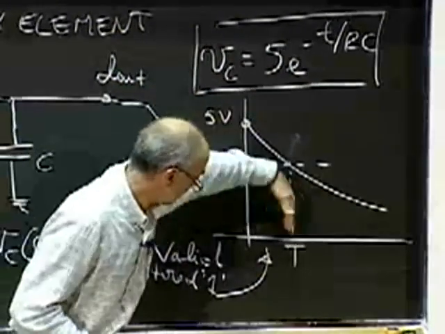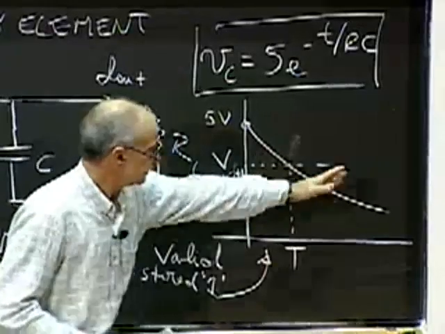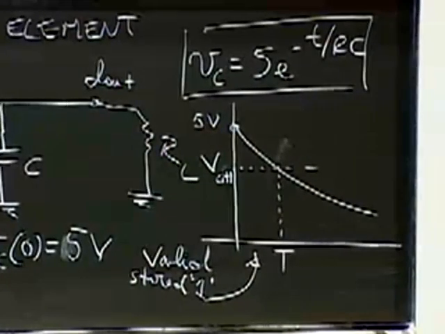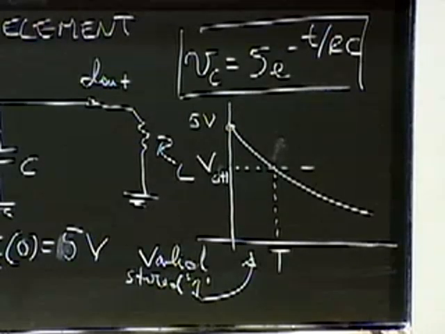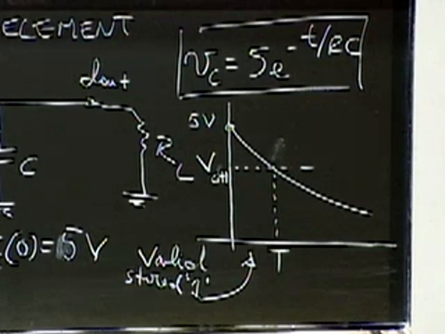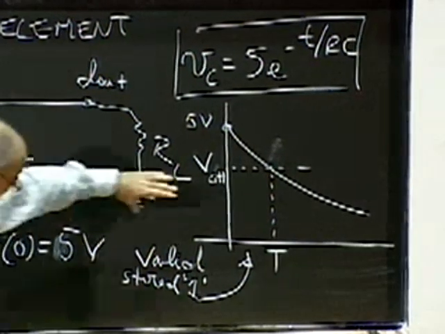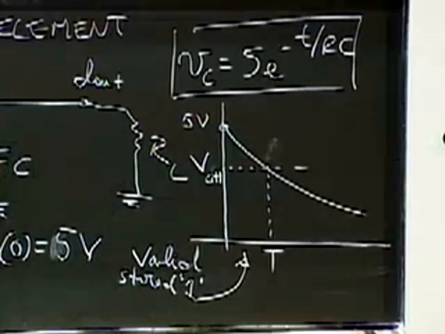Because once I go beyond capital T here, I've crossed the legal limit for threshold for discriminating a high output, and from then on the output is no longer valid. So this memory is good, provided time t is less than capital T.